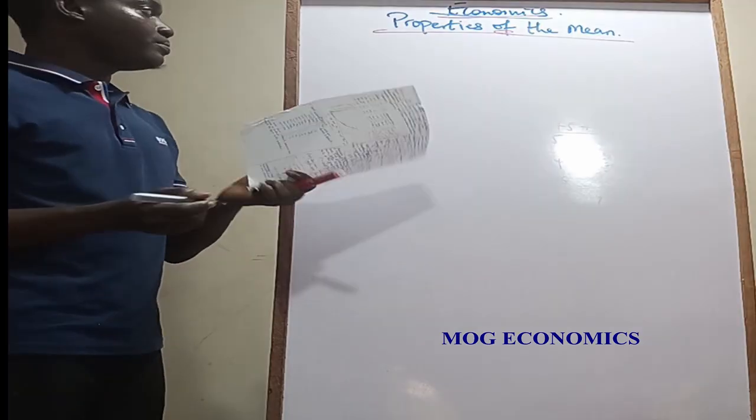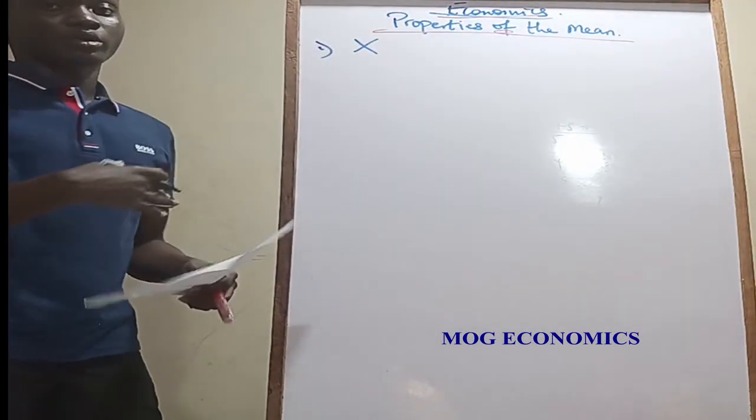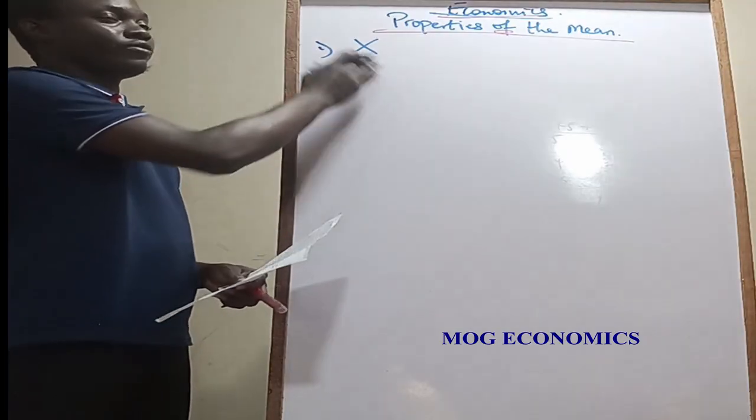So if you have our set of values x, like I showed you before, you have x1, x2, x3, all of them fall under x.